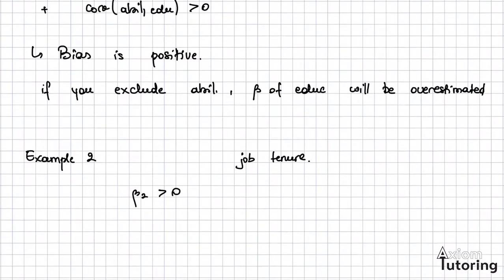However, the covariance between hours worked and job tenure would have been negative because newer employees usually are the ones that work longer hours.